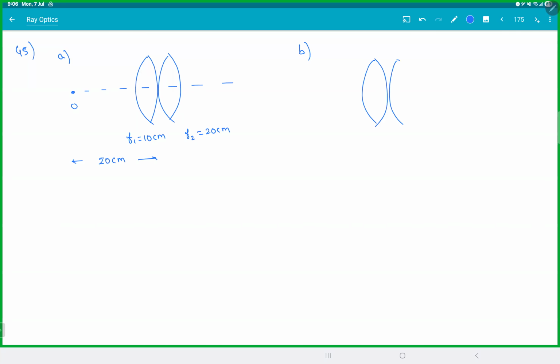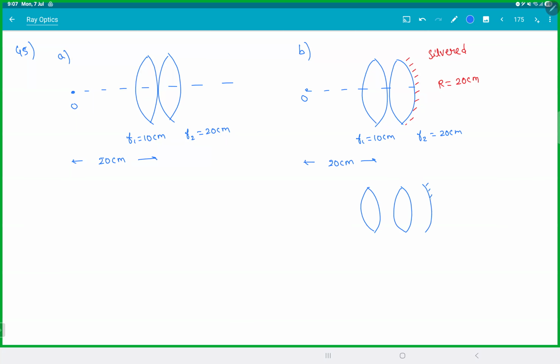Same thing, lens, but this time you silvered it. So whenever they give these kinds of problems, when they silvered it, what you can do is just assume a thin air gap between the silvering and the lens.